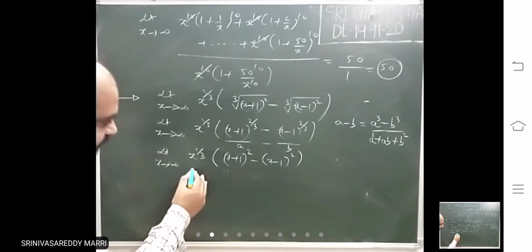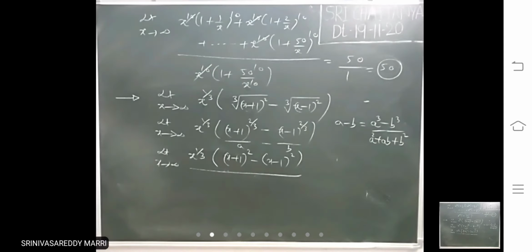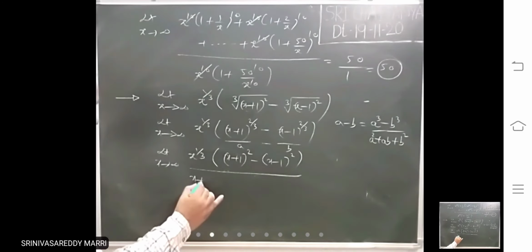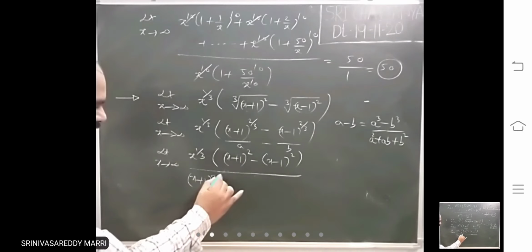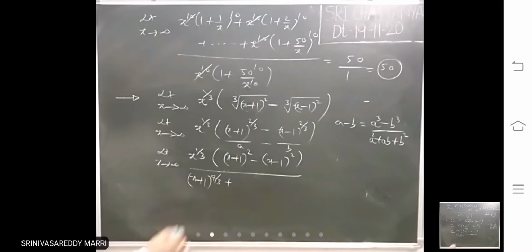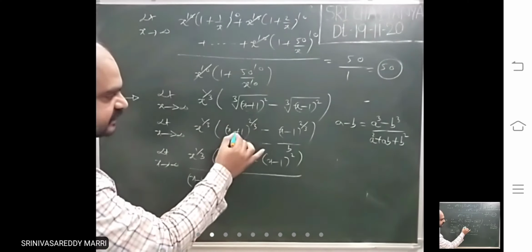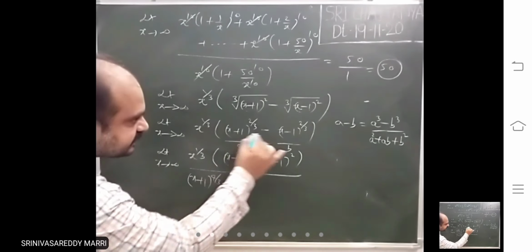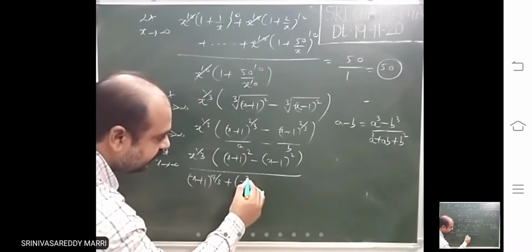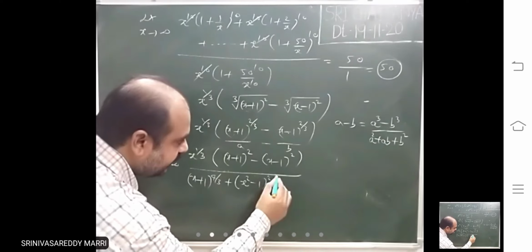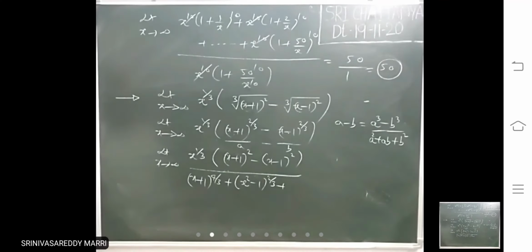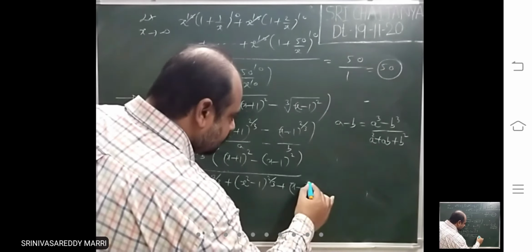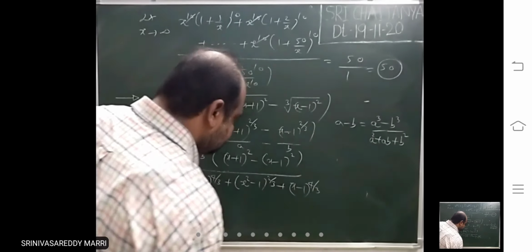A cube minus b cube divided by a square plus ab plus b square. This a square means you will get (x plus 1) whole power 4 by 3, plus a into b, (x plus 1) power 2 by 3 into (x minus 1), that means (x plus 1) into (x minus 1), (x square minus 1) whole power 2 by 3, and b square means (x minus 1) power 4 by 3 you will get.